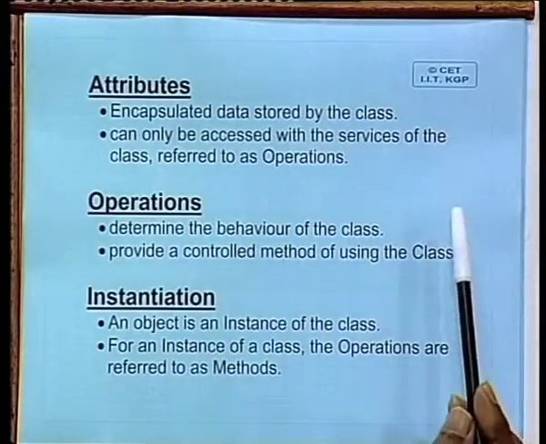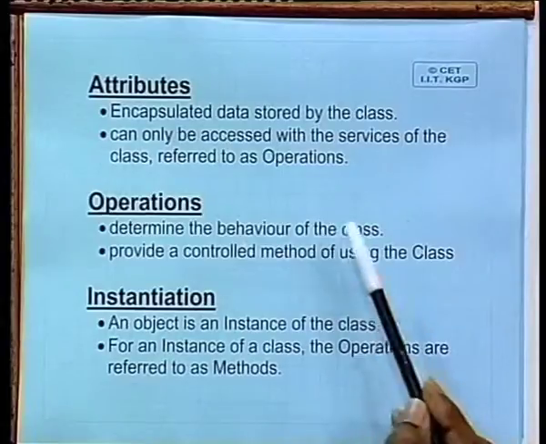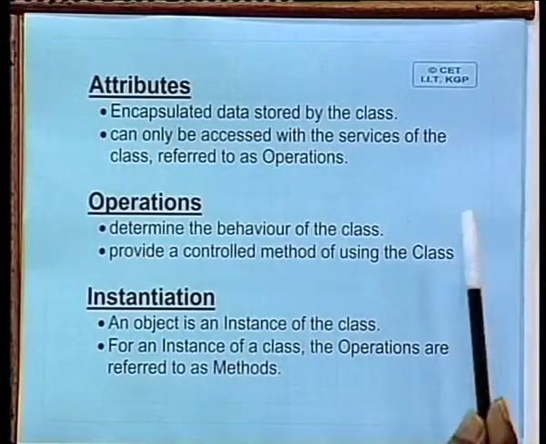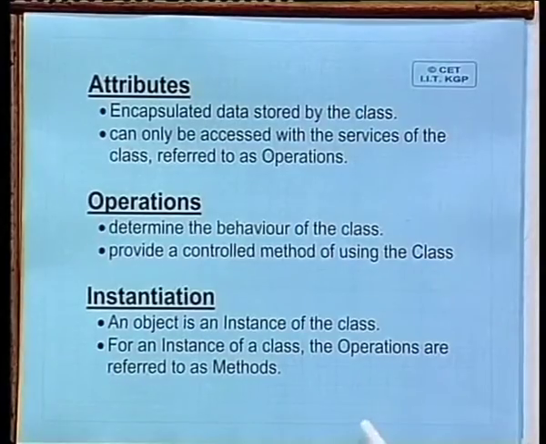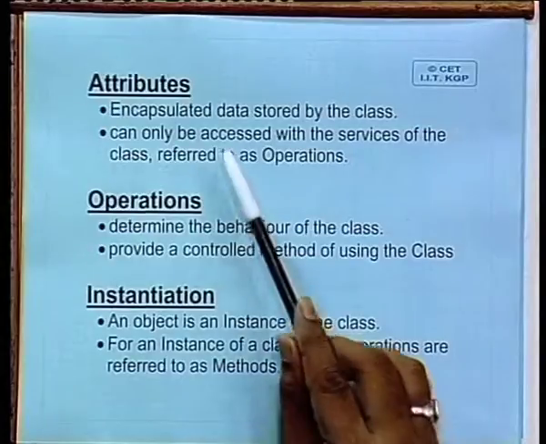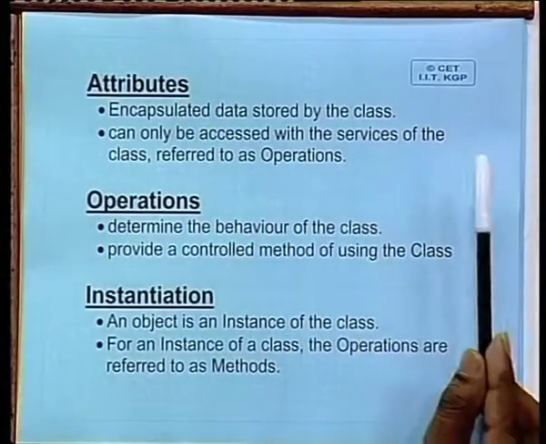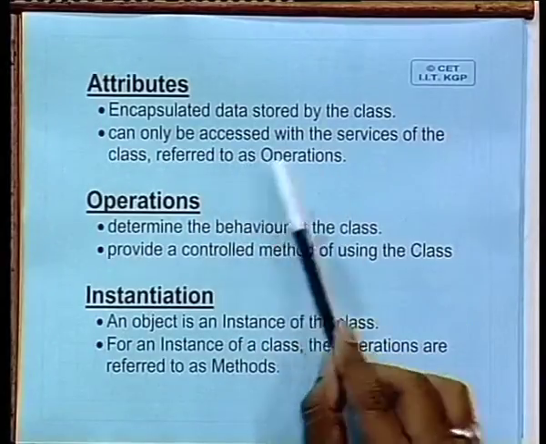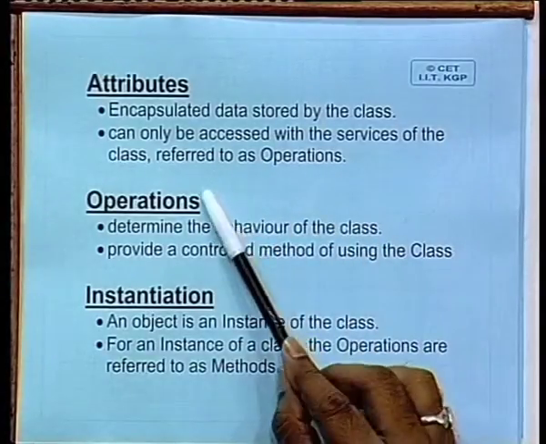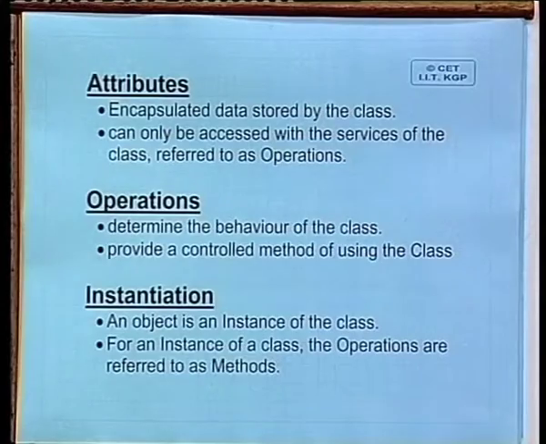The word method is usually used when we talk about an instance of the class, for example, an object. So, the encapsulated data stored by the class is an attribute. It can only be accessed with the services of the class, referred to as operations.